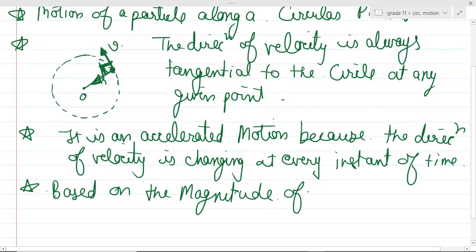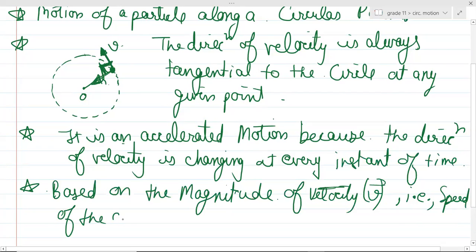Based on the magnitude of a velocity vector, that is, the magnitude of velocity is known as basically speed. So based on the speed of the object, the circular motion can be classified in two types.